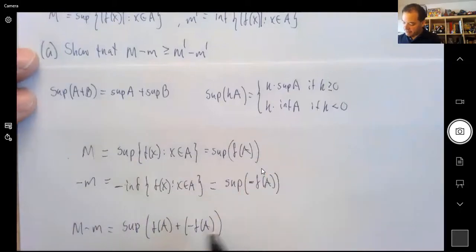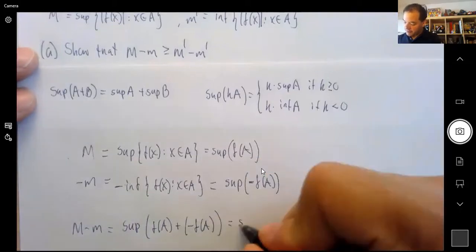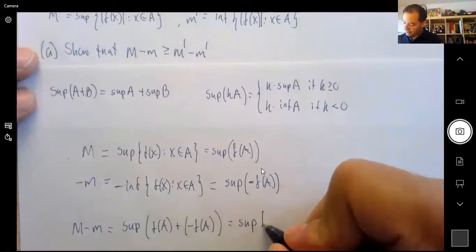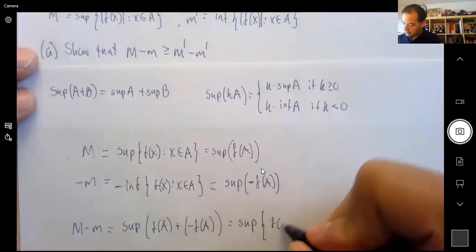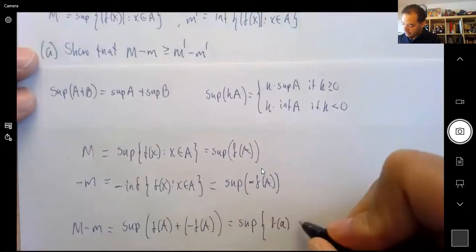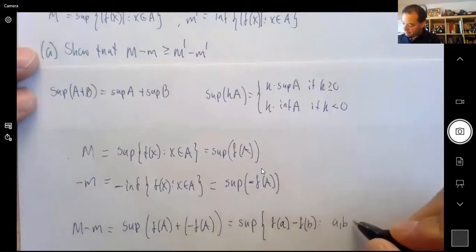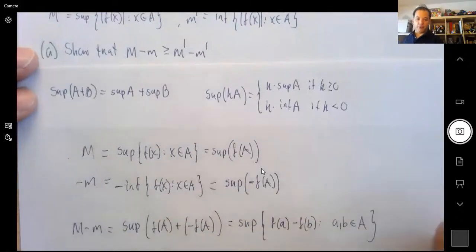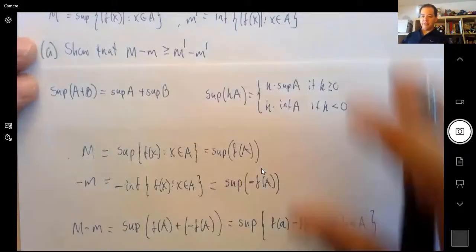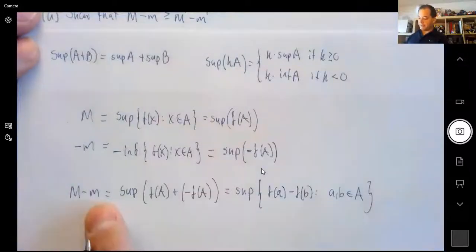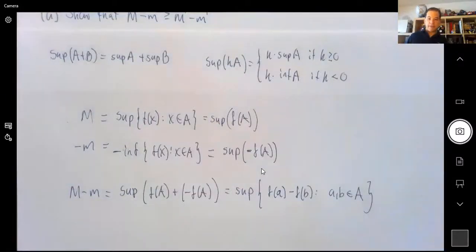So this interpretation, let me write it here: this is the supremum of f of a minus f of b over all pairs a, b in capital A. That's really what we're doing. That's capital M minus little m.